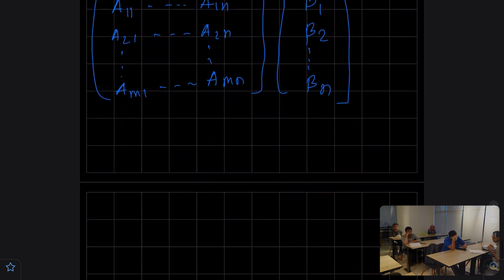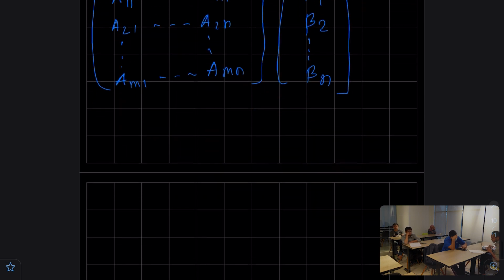So the matrix multiplication will be equal to A11 beta 1 plus A12 beta 2 plus A1n beta n.